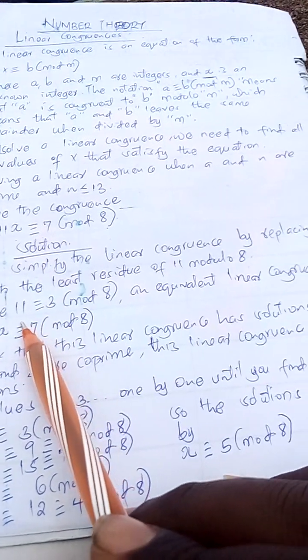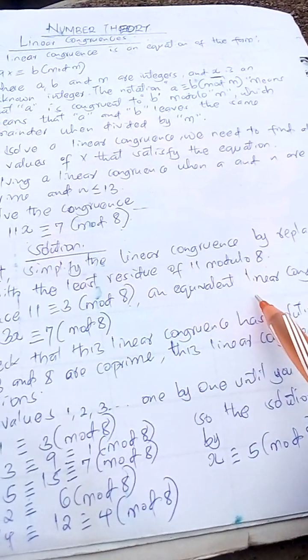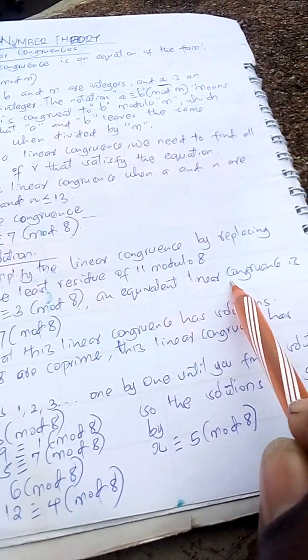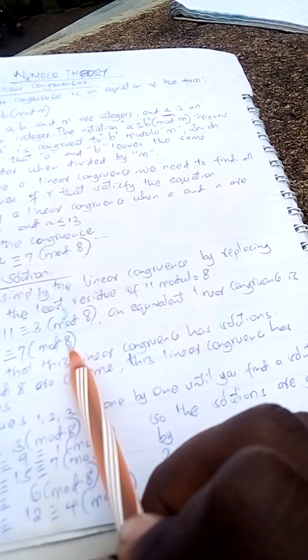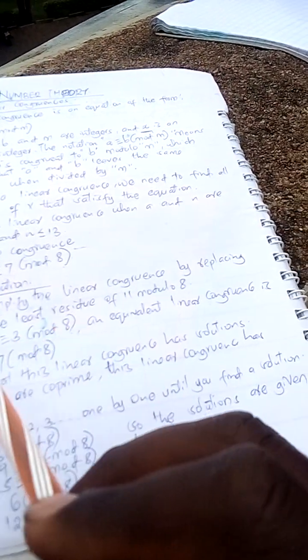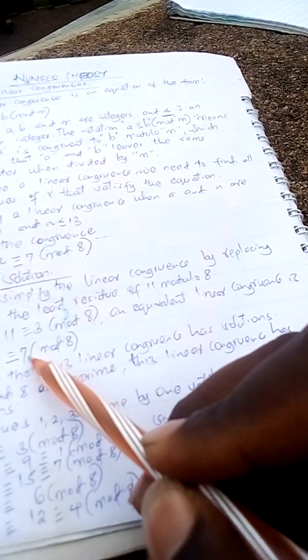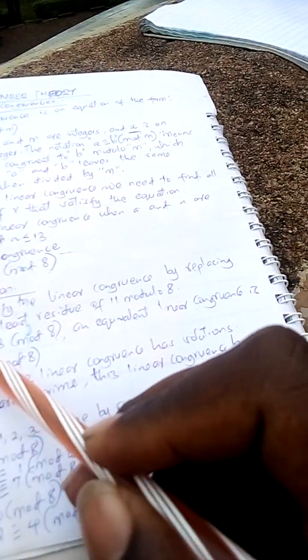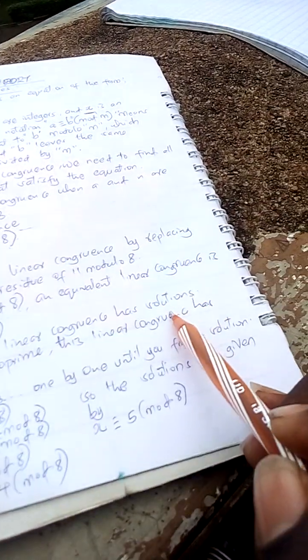Since 11 is equivalent to 3 modulo 8, an equivalent linear congruence is 3x ≡ 7 modulo 8, because 3 is our remainder.